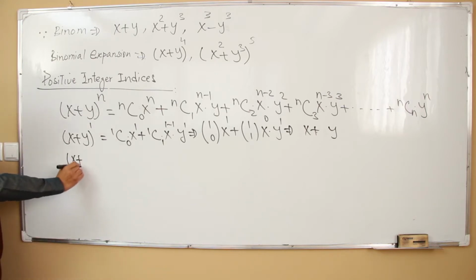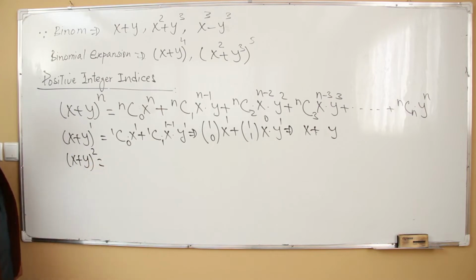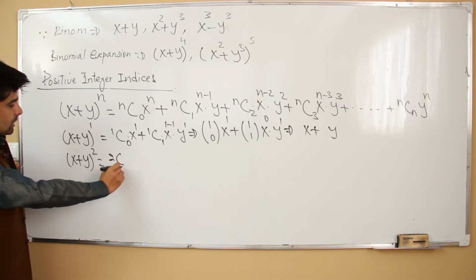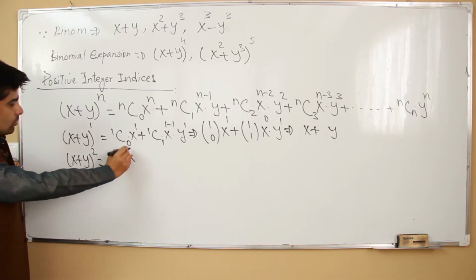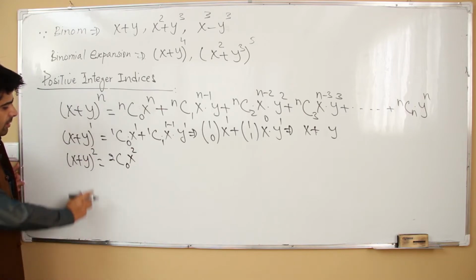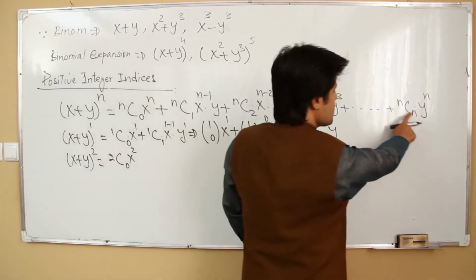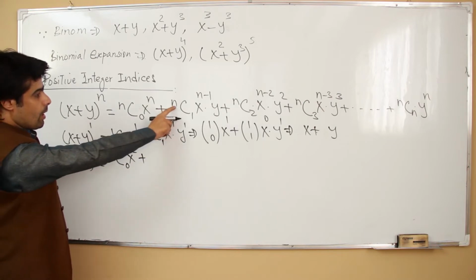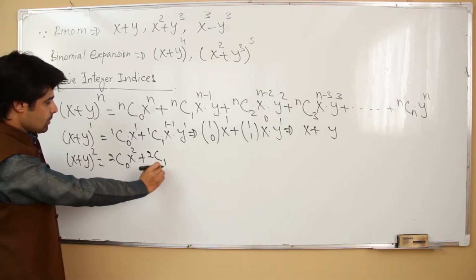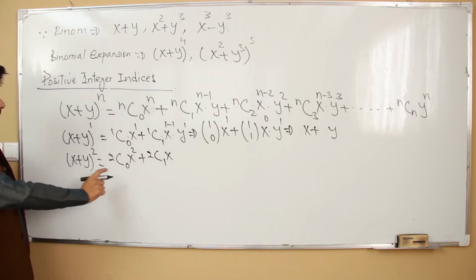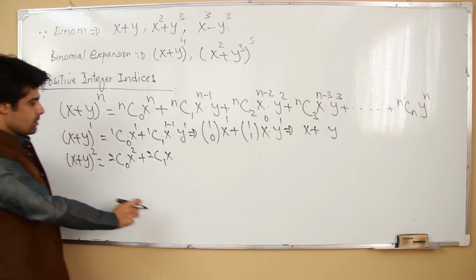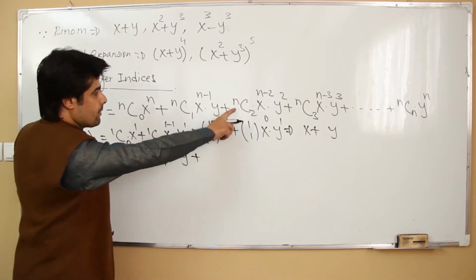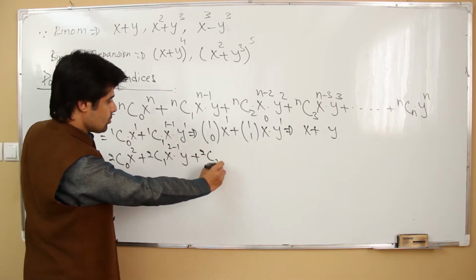If you have (x + y) raised to the power 2, now what is n? n is 2. Use this formula: 2C0 x to the power 2. You have to expand this up to which term? Up to nCn y raised to the power n, plus 2C1 x raised to the power 2 minus 1, y, plus, am I right, 2C2.